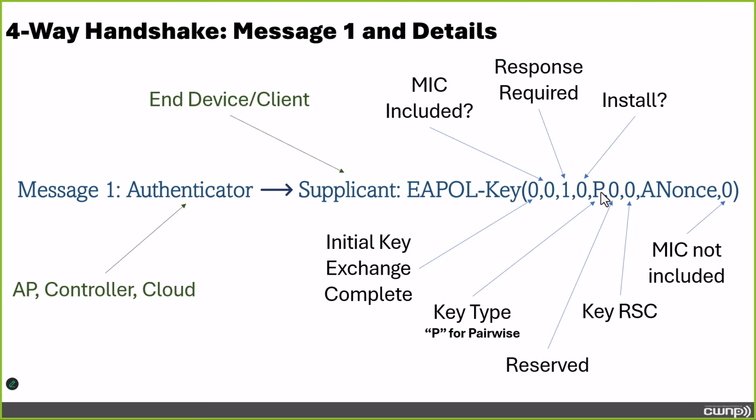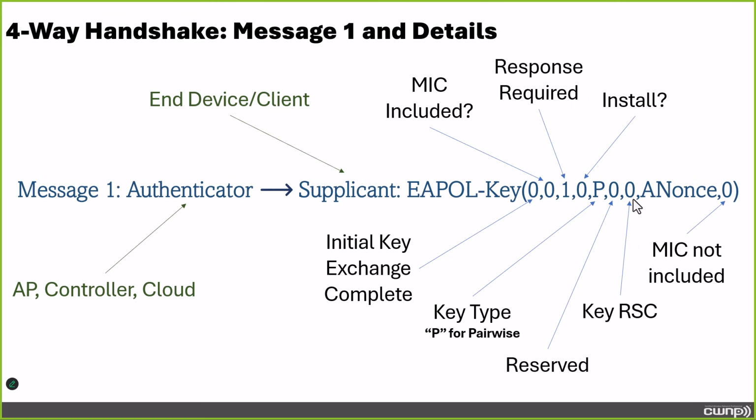This says P, key type P for pairwise. Well, it's actually a bit value, but we say P because that's what it always is in these messages. We're using it to generate a pairwise transient key. The next bit is reserved. And then we have the key receive sequence counter, and that's set to 0 in the case for the GTK that's being installed.